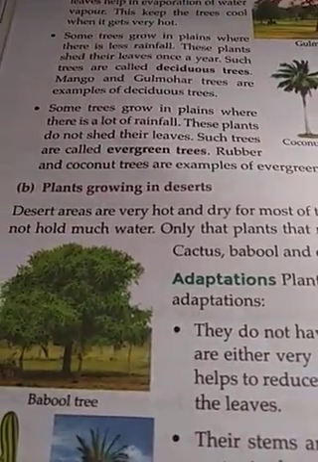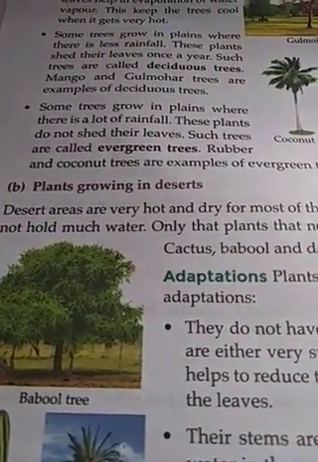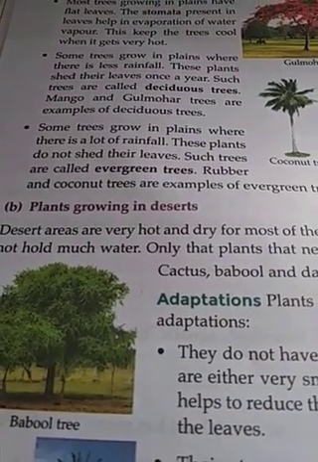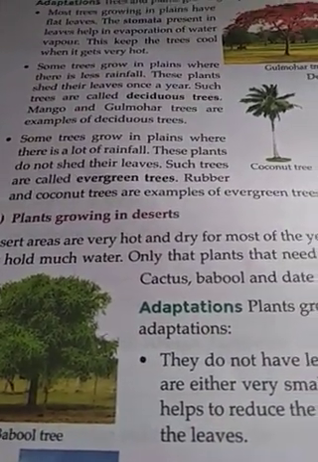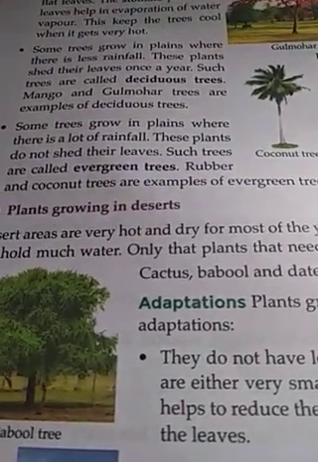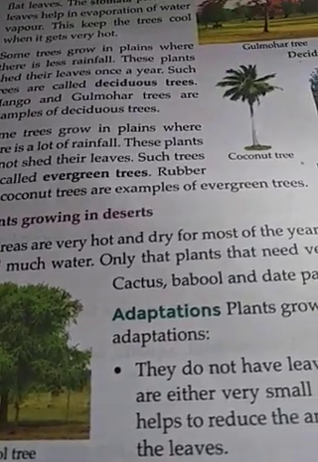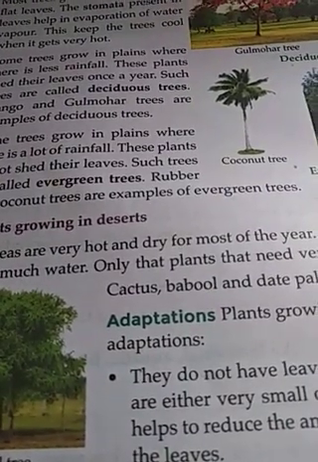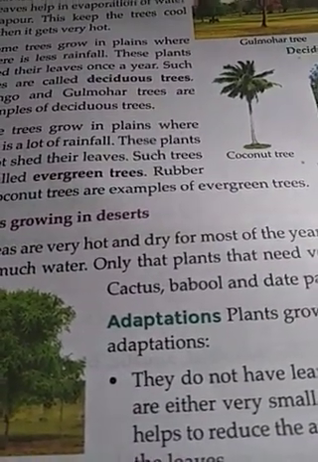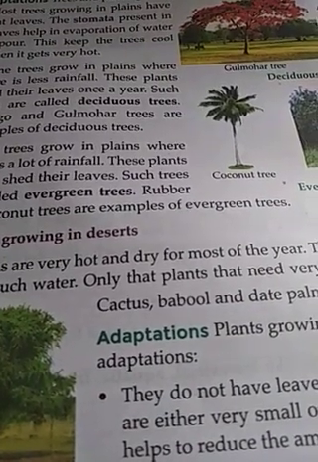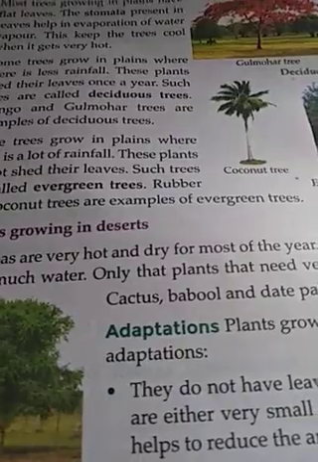We also studied the adaptations made by plants growing in the desert area, and then plants growing in plains. So different types of climatic conditions and soil have an impact on the plant, on how they grow and how they will develop.